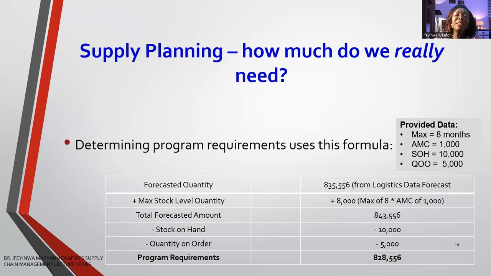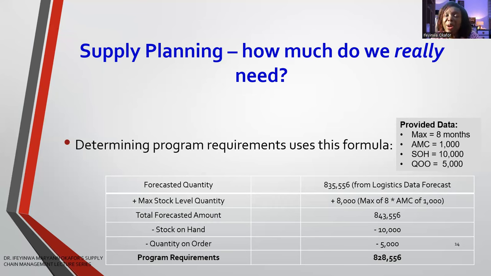And then you get your forecasted quantity. If you go back to what we did last time, we had our forecasted quantity as 835,556. Okay? Now, what do we do next?